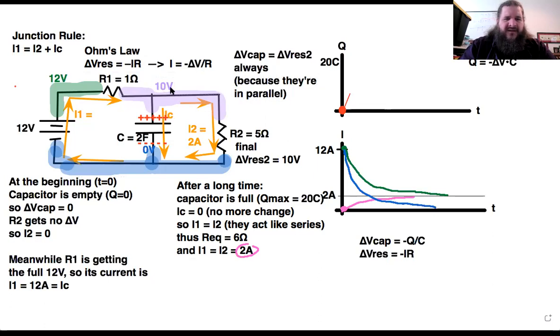So this is a 10 volt region. Both the capacitor and resistor 2 have a voltage drop of 10 volts because they're going from a 10 volt region to a 0 volt region. And for the capacitor, you can just multiply the voltage difference by the capacitance to get the charge. So the final charge is going to be 20 coulombs as an asymptote.